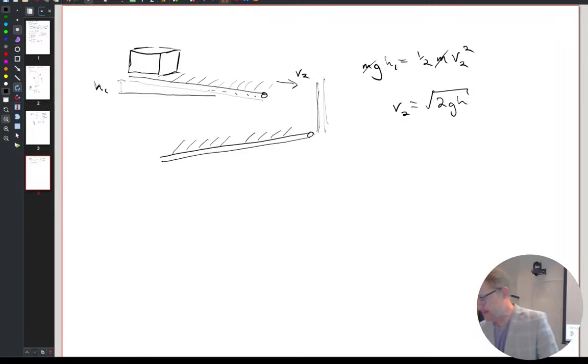So then what happens at the wall when we hit this wall? It loses its kinetic energy. Do we just say it goes to 0? It loses the horizontal kinetic.